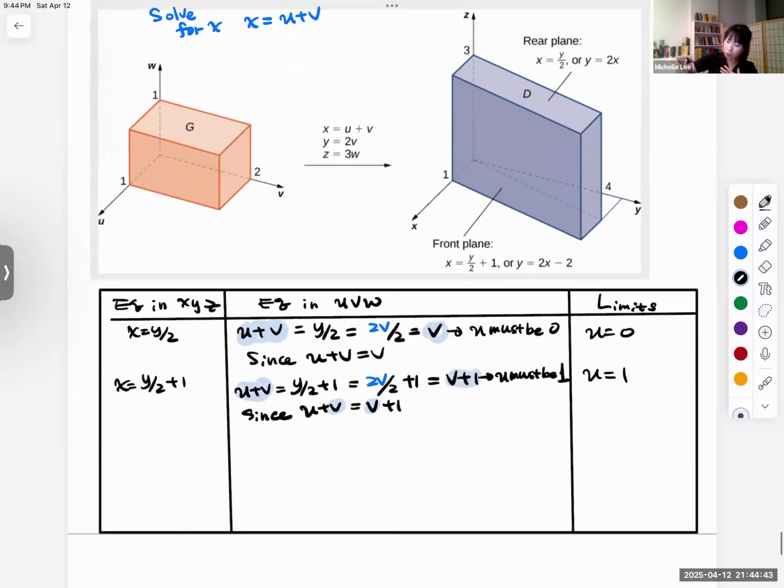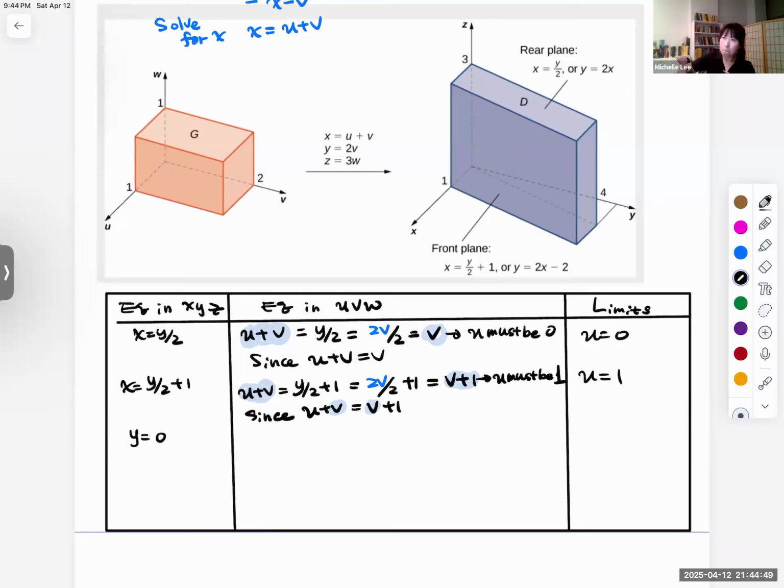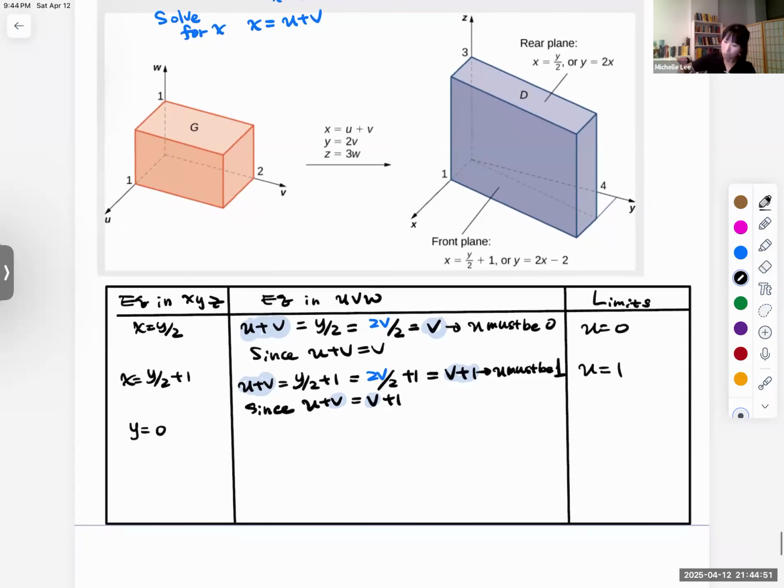Okay, so y equal to 0, then we have v equal to y over 2. So y equal to 0, so we have 0 over 2, which is 0, right?